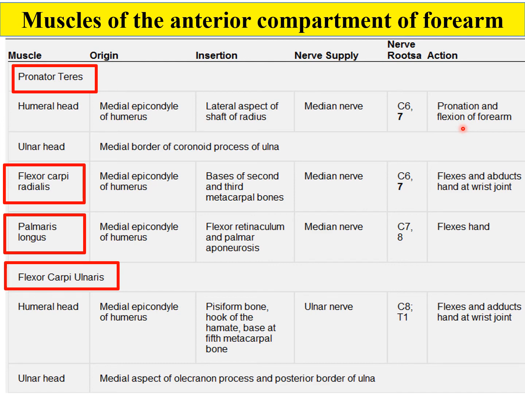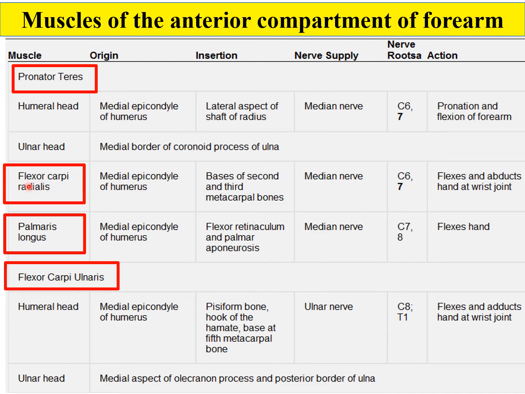How, that we will discuss in the lecture. So pronator teres is a muscle having origin from the medial epicondyle of the humerus and ulna, attached to the lateral aspect of the shaft of the radius, supplied by the median nerve, with pronation as its function.